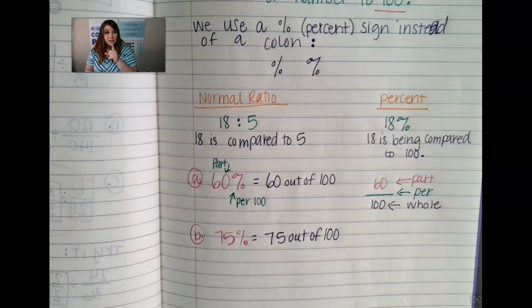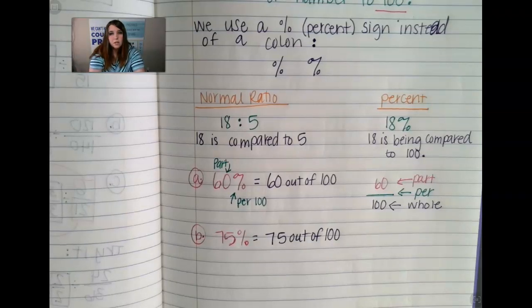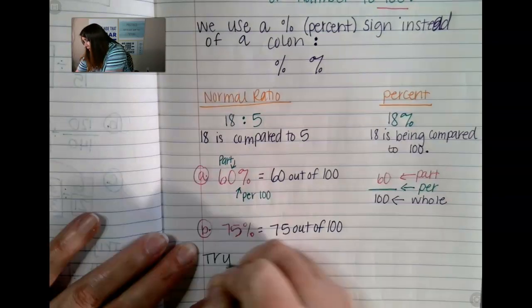All right, I would like for you to write this percentage. What does this percentage mean? So here are 2 try-its for you, and your job is to tell me what it means.